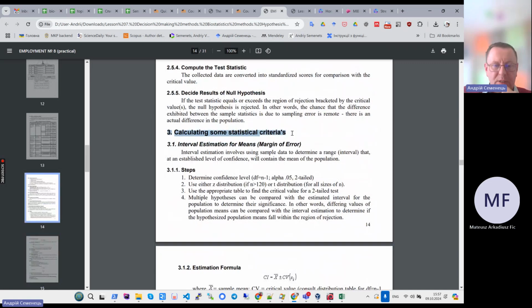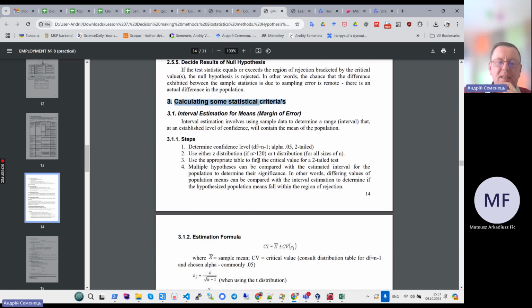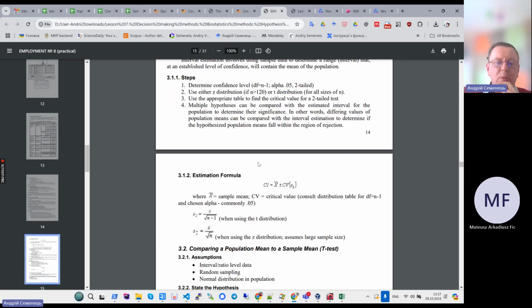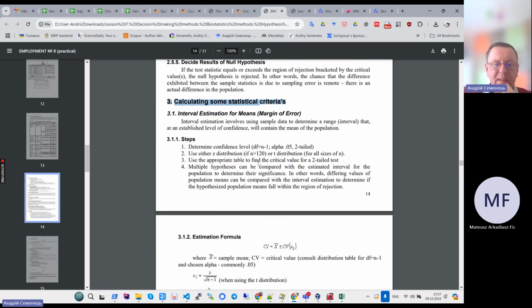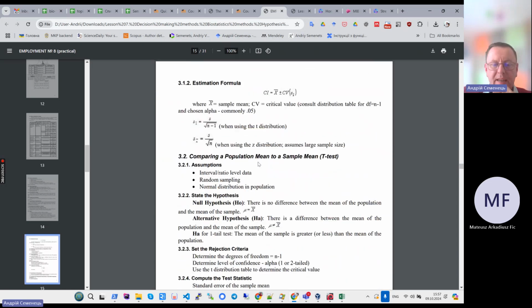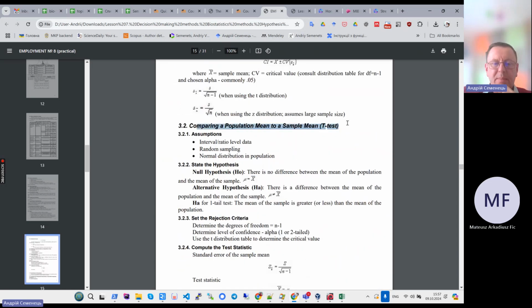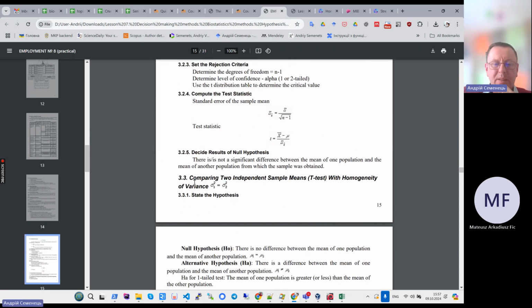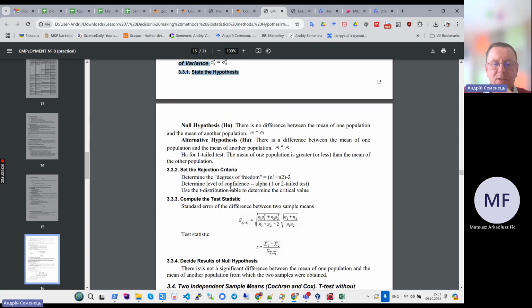The third section of this document is actually not a statistical textbook, but like a small section from a textbook, which refers to and explains the most common useful statistical criteria, like comparing population mean to sample mean, comparing independent sample means, and so on.